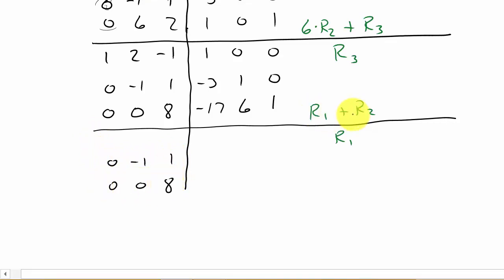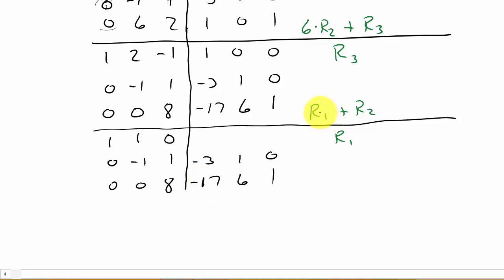All right, so let's just add the two rows. 1 plus 0 is 1. 2 plus negative 1 is 1. And negative 1 plus 1 is 0. So we'll do the same thing here. So I'll write the second and third row down. So that's negative 3, 1, 0, negative 17, 6, and 1.